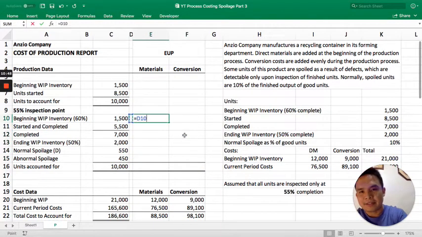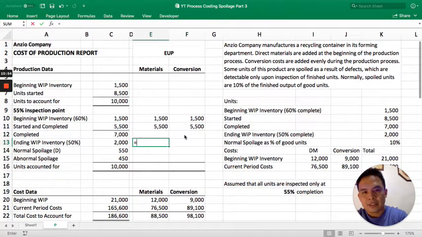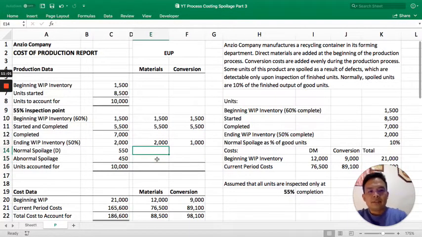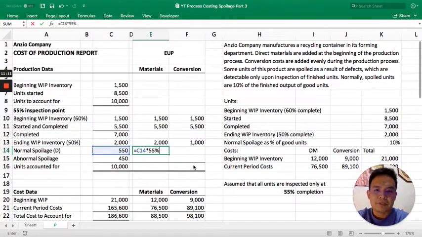Copy lang natin yung iba. Pareho. At 2,000 and then 50% complete yung conversion. If, syempre, you detect it at 55%, it was 55% complete when you discovered na sira. So, 55%.